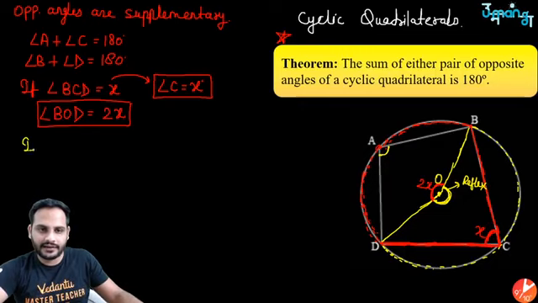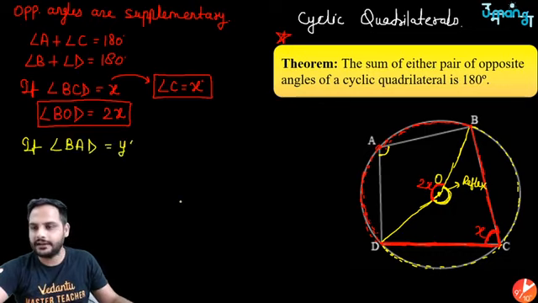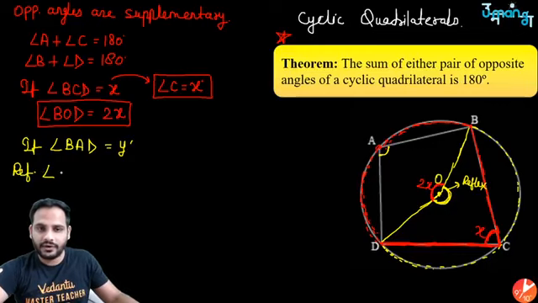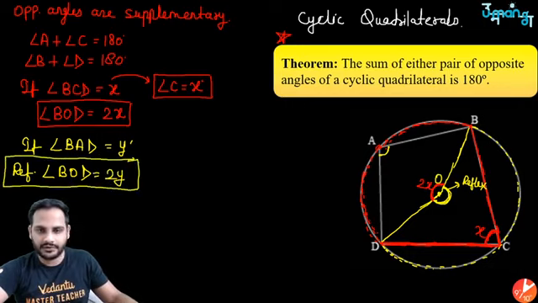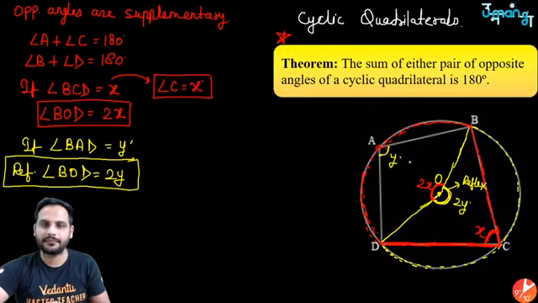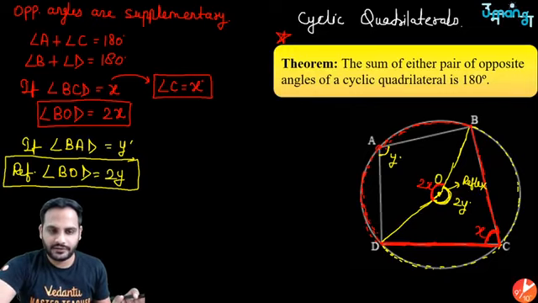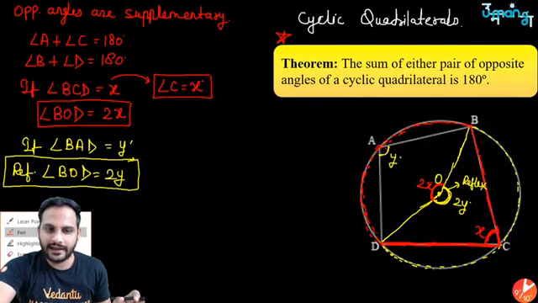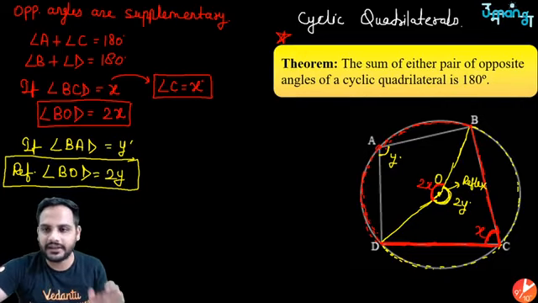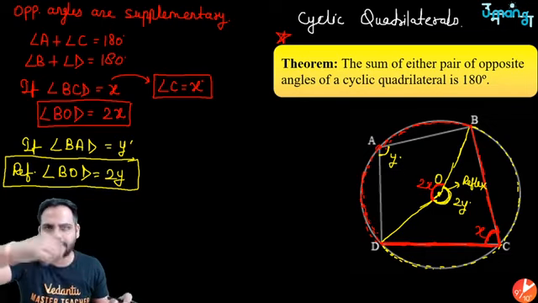If angle BAD is equal to y degrees, then the reflex angle of angle BOD will be double of angle BAD, that is 2y degrees. So this angle will be 2y degrees and this angle will be y degrees. Now I know that at the center, if I add angle BOD and the reflex of angle BOD, the total sum will be 360 degrees, a complete circle.